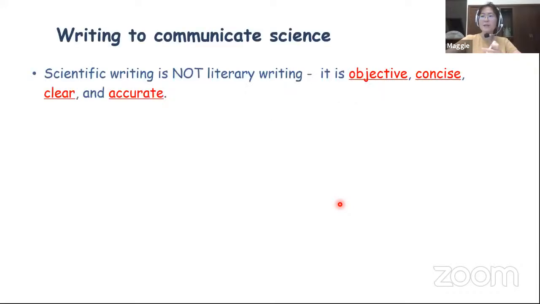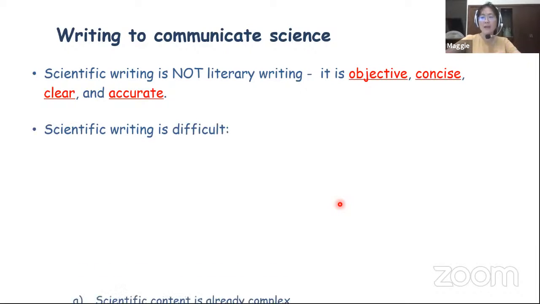Then next, let's talk about writing succinctly, clearly and accurately. Writing to communicate science, scientific writing, is not literary writing. So you have to be objective, concise, clear, and accurate. First, scientific writing is difficult in this way.